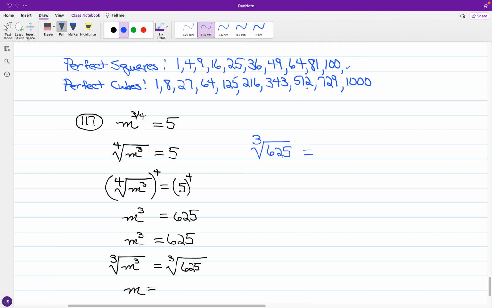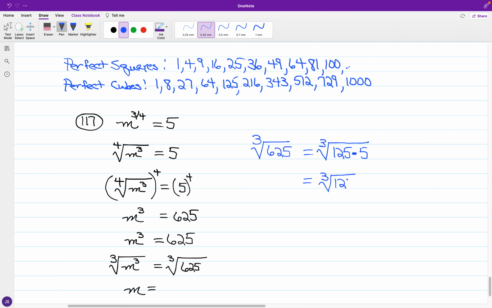And so if I look for the highest perfect cube divisible into it, well, 512 is not it, nor is 343 or 216, but we do have 125 as the highest perfect cube divisible into 625, and 125 into 625 is going to be 5.